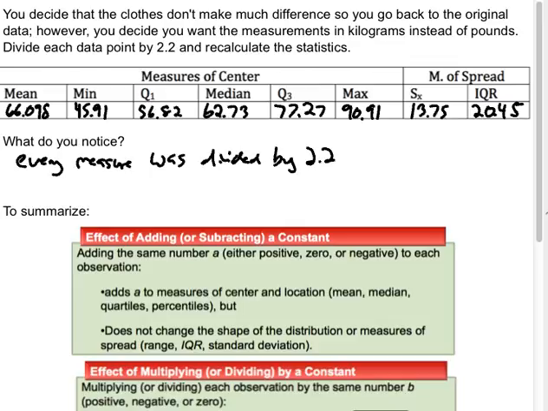Everything was divided by that 2.2, okay? So that's the difference between when you're adding or subtracting from a set of data versus multiplying or dividing. And it is very important that you keep that straight, okay? Adding, subtracting does not change the measures of spread, but multiplying or dividing does, okay?